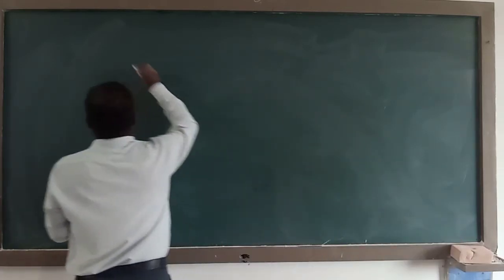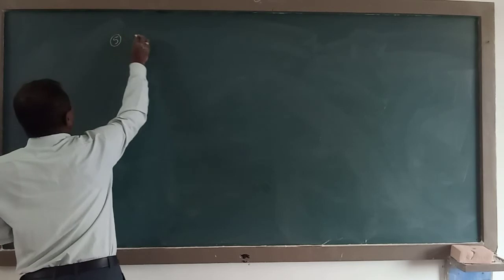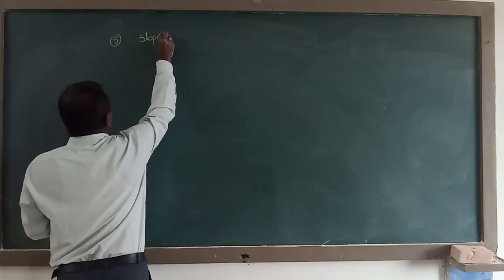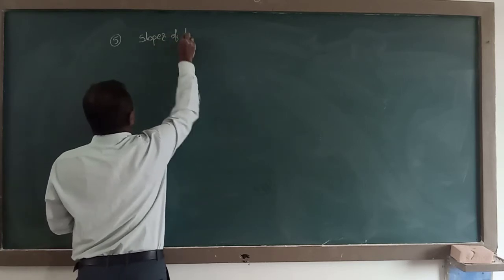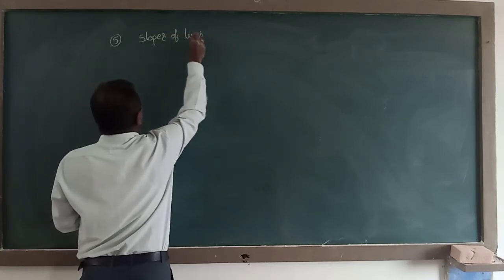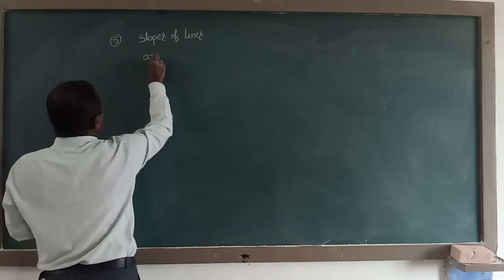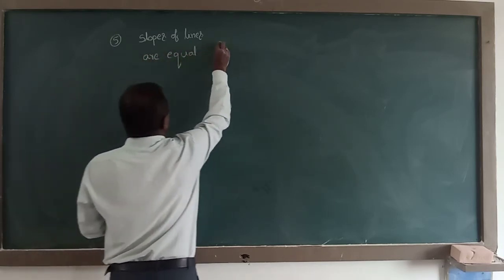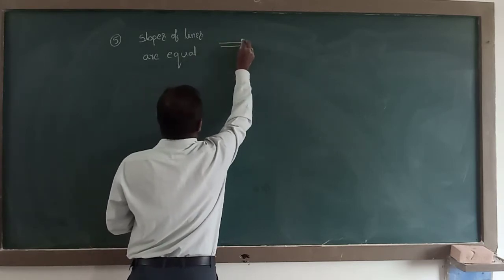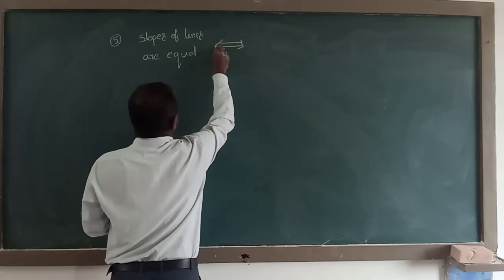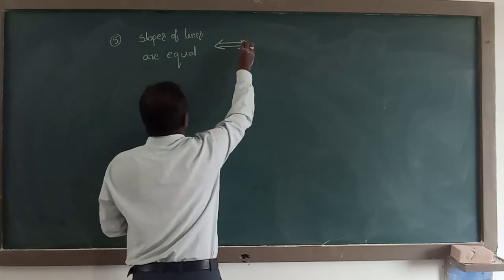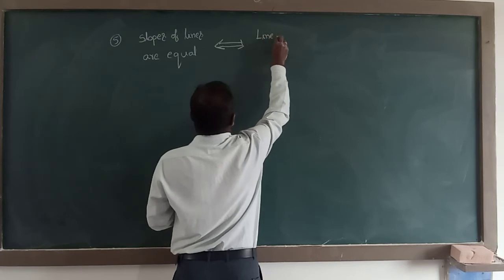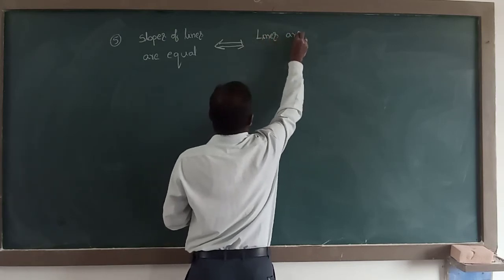Next, the fifth condition is: slopes of lines are equal if and only if, like this, the if and only if symbol, lines are parallel.